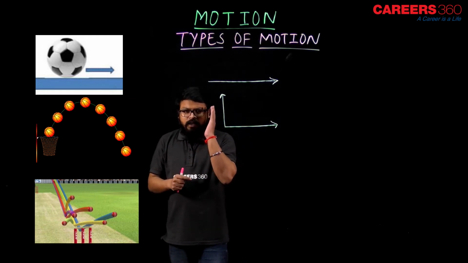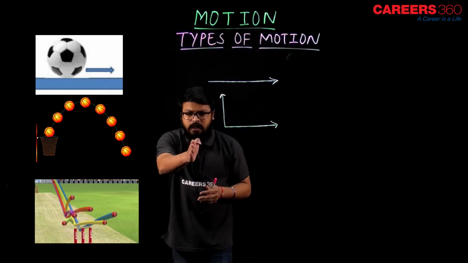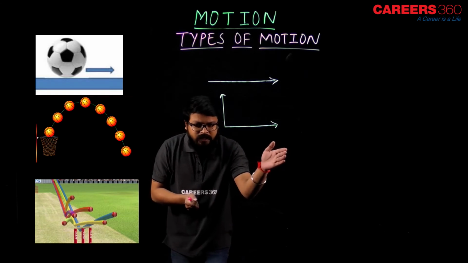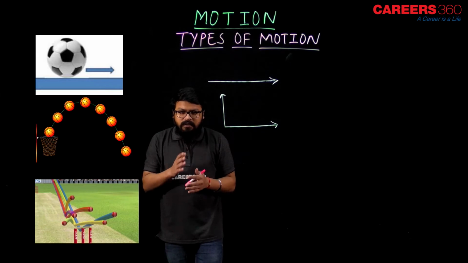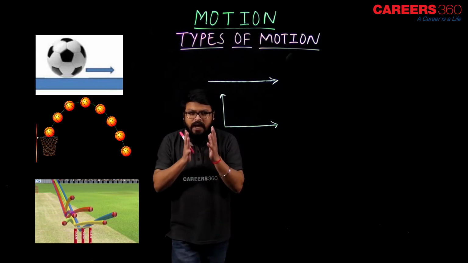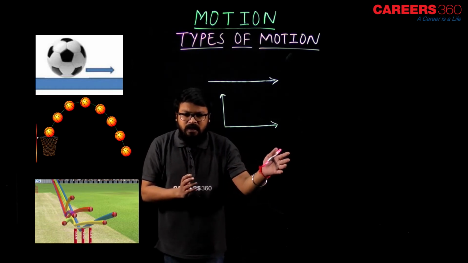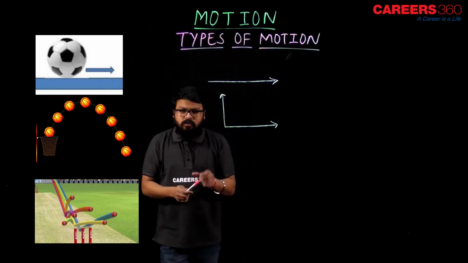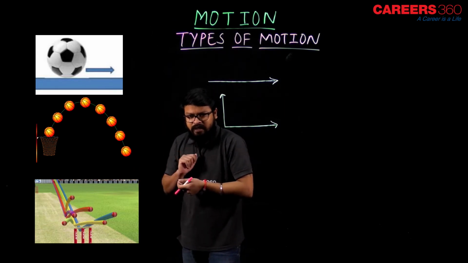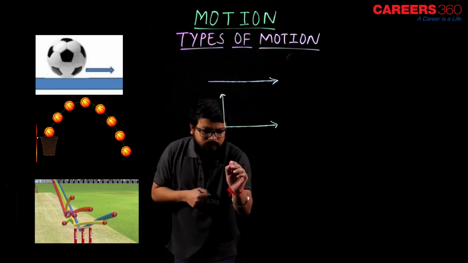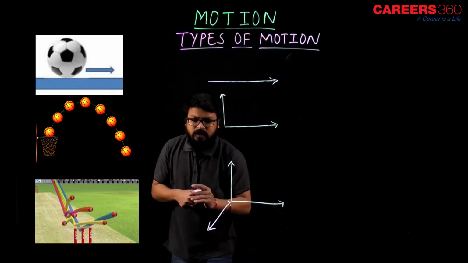But if the ball is thrown and it is changing two directions, that is vertical and horizontal, and it is changing the third direction also, that is swinging out of the wicket, then we can say three directions, that is vertical, horizontal and sideways. So three directions are changing in this particular case if we consider the ball having the green trajectory.